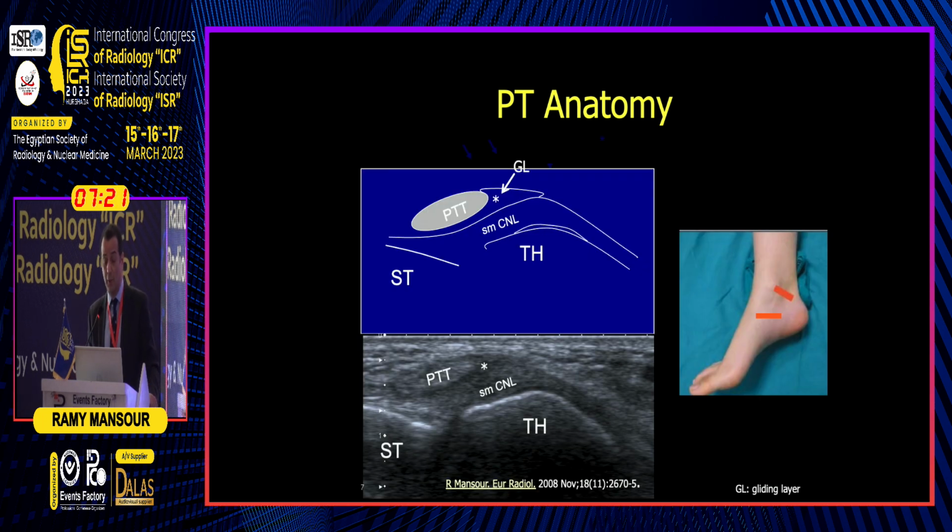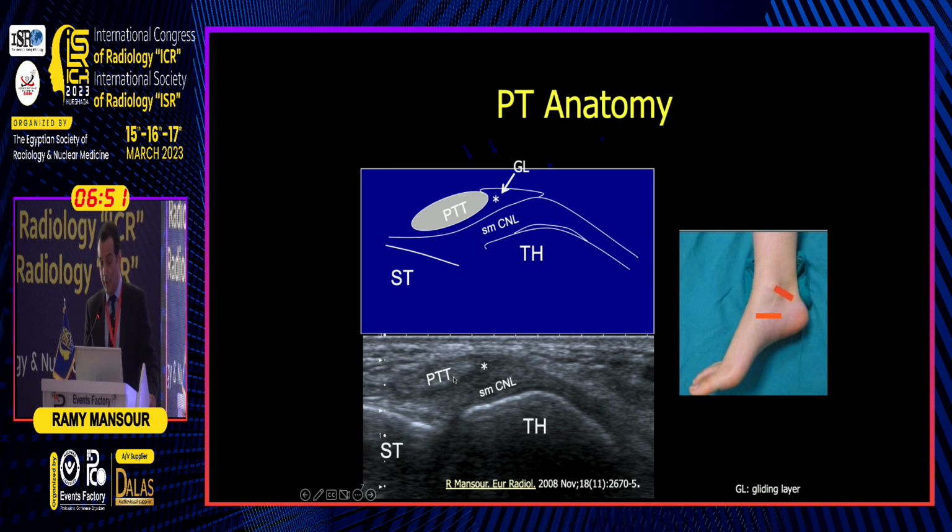Ultrasound is also good in scanning and identifying the relation between the posterior tibial tendon and the superior medial calcaneonavicular ligament, by carefully scanning the posterior tibial tendon and going further down inferiorly, where you can see nicely the superior medial calcaneonavicular ligament with the posterior tibial tendon on top of it.